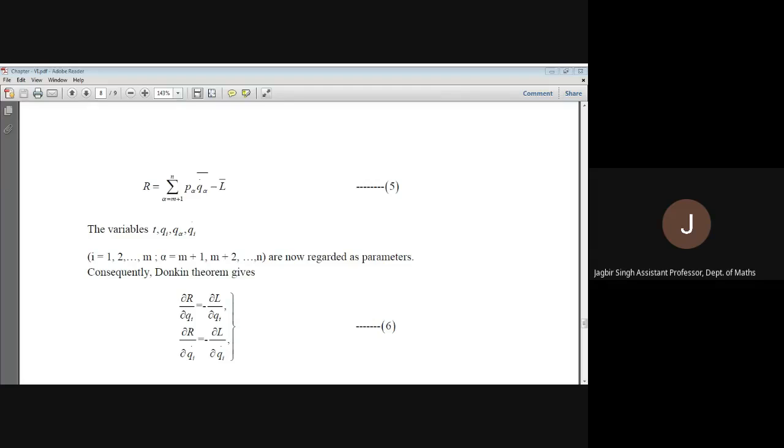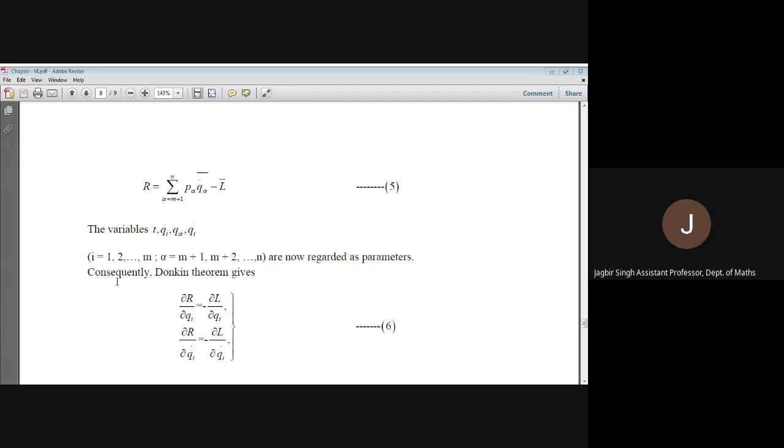And due to Duncan, what we will obtain? Curly R by curly qi dot will be equal to minus curly L by curly qi dot. This is due to the last term: the partial derivatives of both the functions with respect to the scalar quantities will be negative of each other.